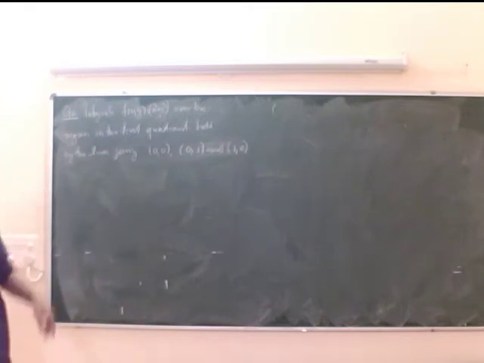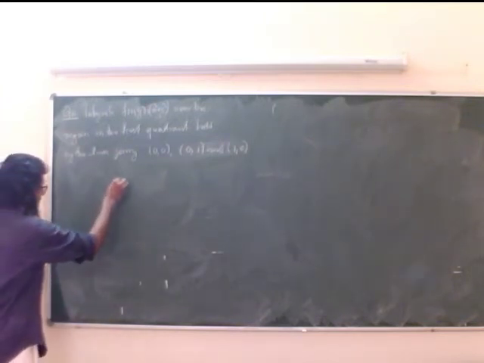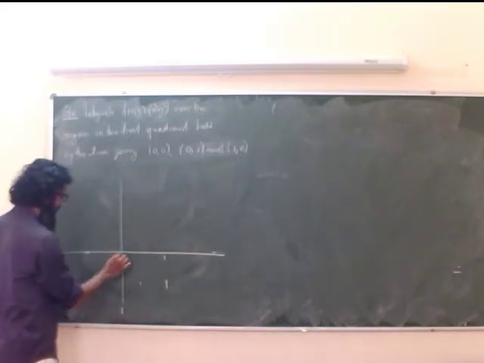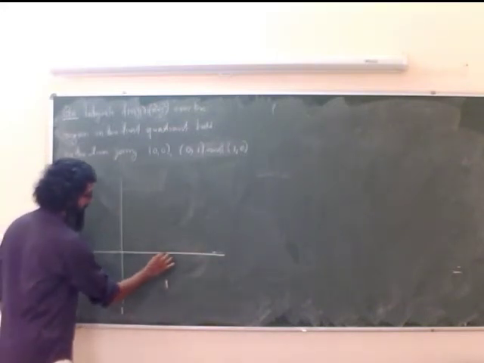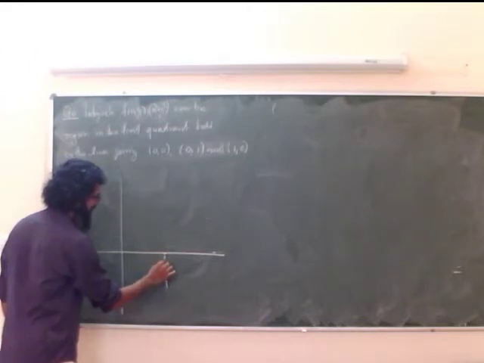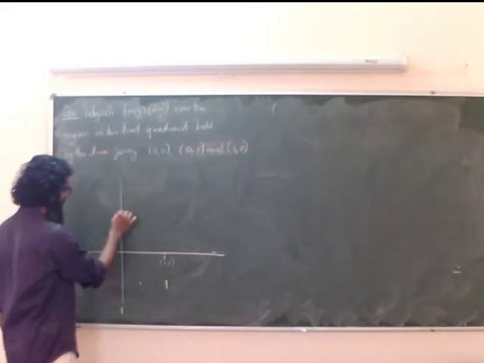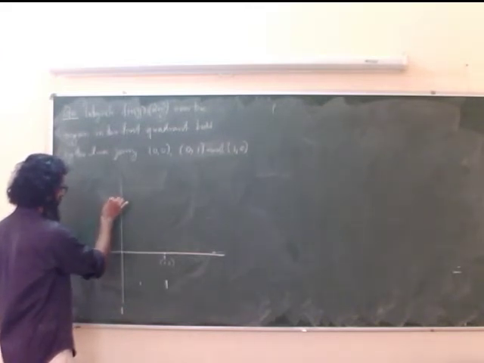Let us sketch the region first. This is my origin (0,0). Maybe this is 1 unit. So we have the point (1,0), and here you have the point (0,1).